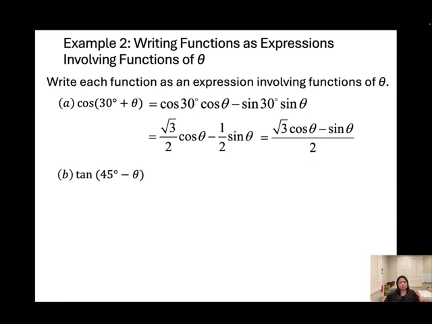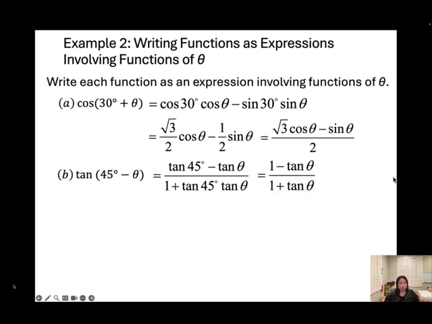Okay. So tangent A minus tangent B over 1 plus tangent A tangent B. And then tangent 45 will be equal to 1, right? That's it.